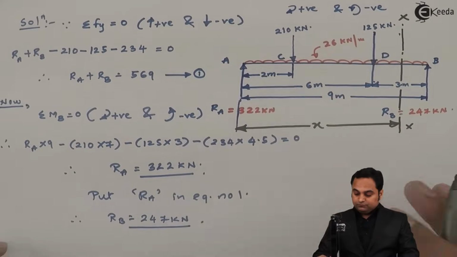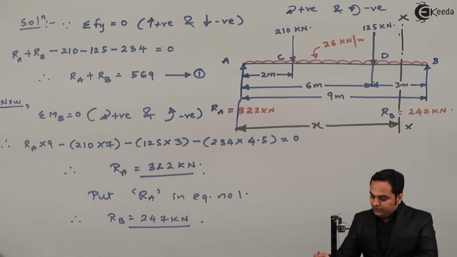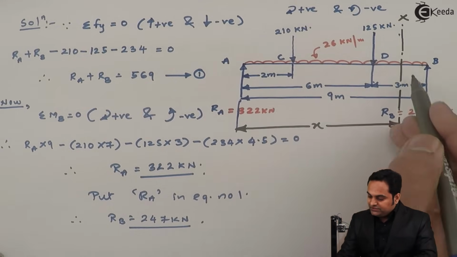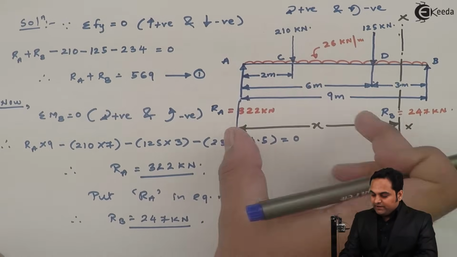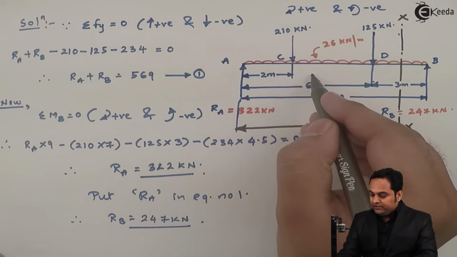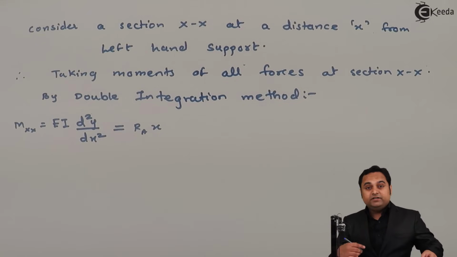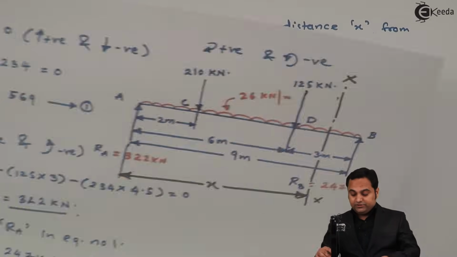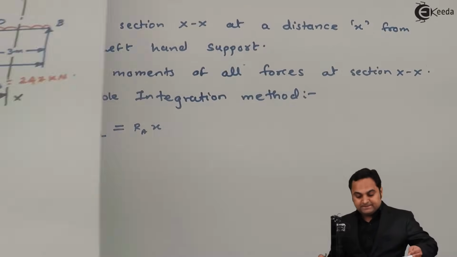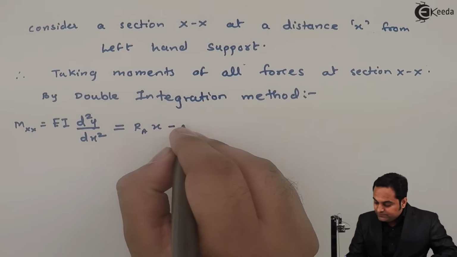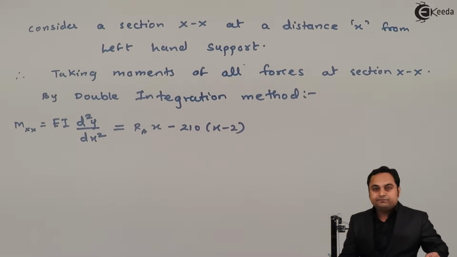Next we have 210 into x minus 2, the distance between the 210 kilonewton force and section XX, and it produces an anticlockwise moment. So here I have minus 210 into x minus 2.